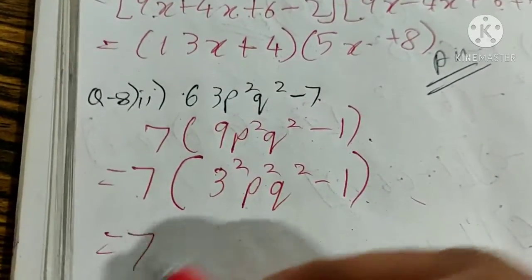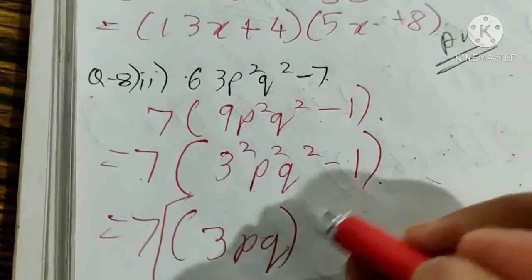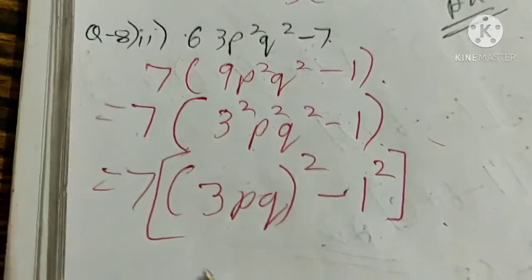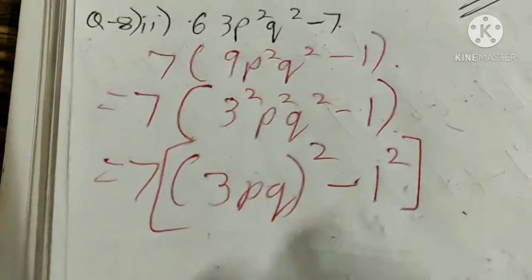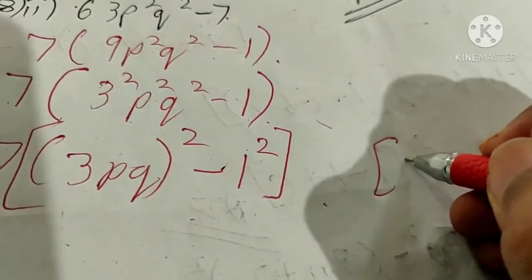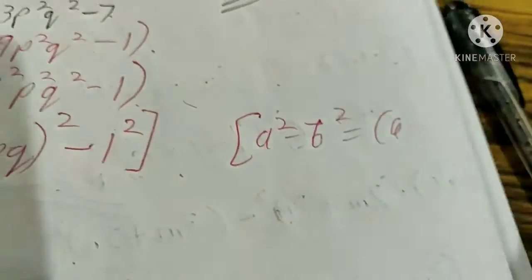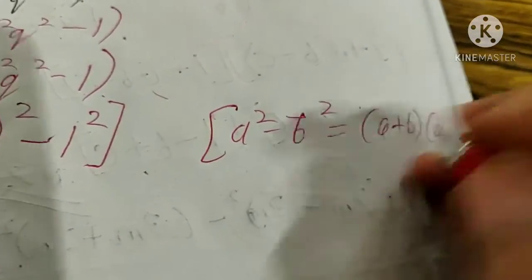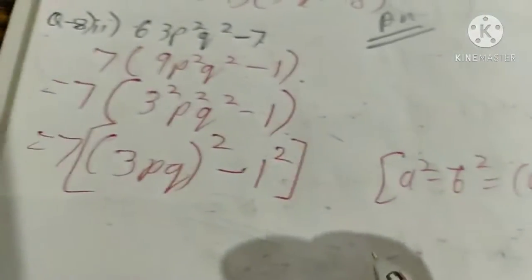So it can be written as 7[(3pq)^2 minus 1^2]. Inside this bracket we see first term square minus second term square, which means first term plus second term into first term minus second term.